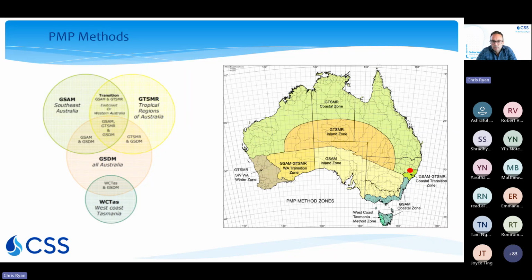And then depending on what part of Australia you're looking at, there are various longer duration methods, GTSMR and the GSAM being the main ones, and the ones that are supported by both Storm Injector and CatchmentSIM. The only one that leaves out is the west coast of Tasmania method, which hasn't been implemented yet. The red dot here is about where our demo catchment is, right on the border with the GSAM transition zone. I'll show you that in the next slide.